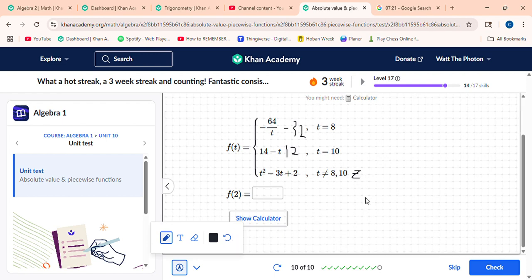Let's put it as Z. So T is equal to f of 2, and equals this. For -8. I'm having trouble reading the piecewise function.